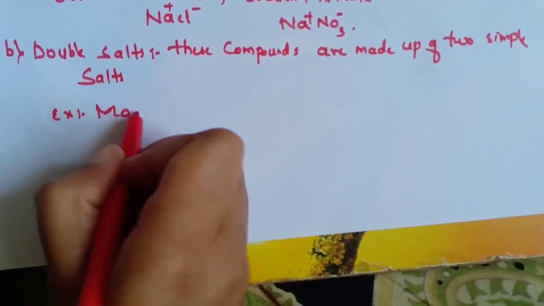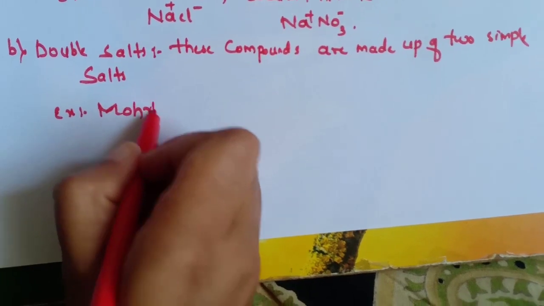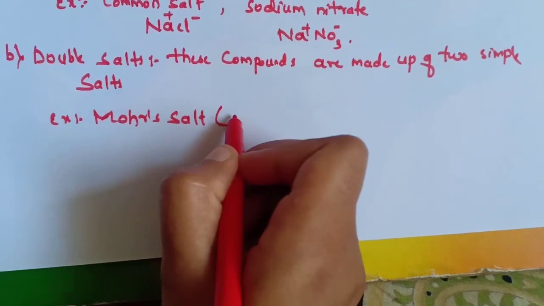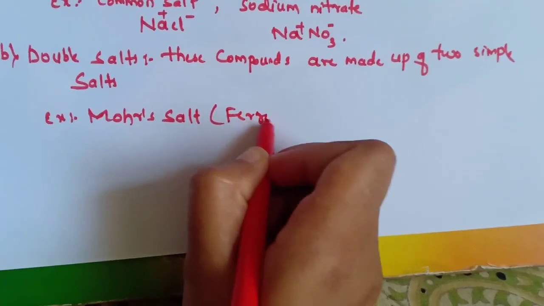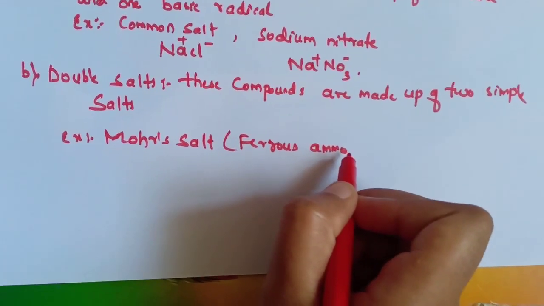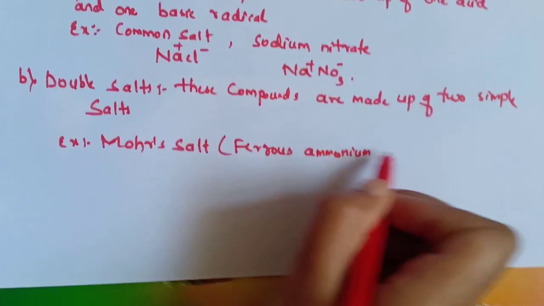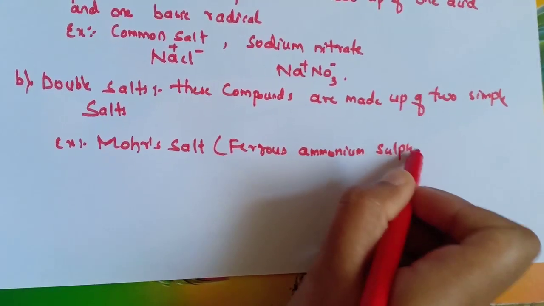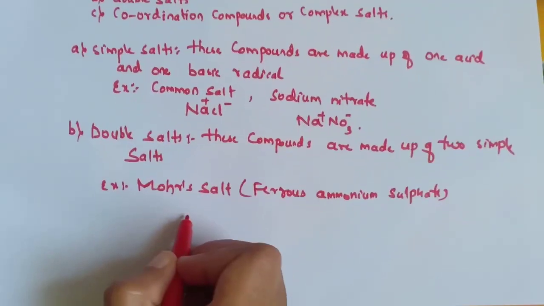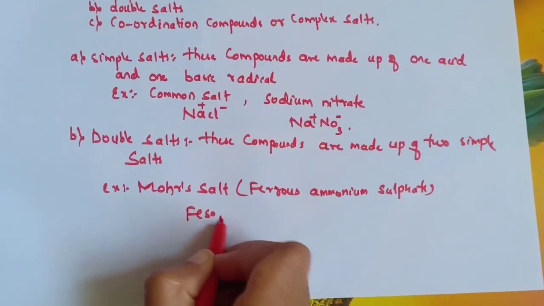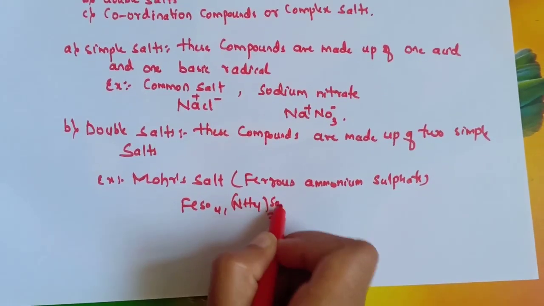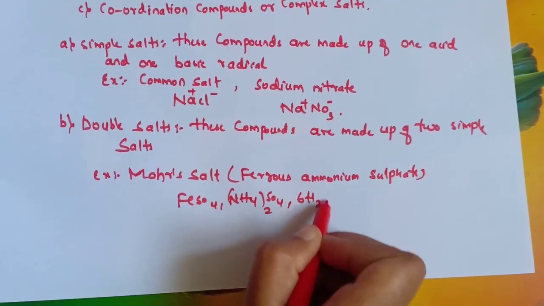An example is Mohr's salt, also called ferrous ammonium sulfate, that is FeSO4, (NH4)2SO4, 6H2O.